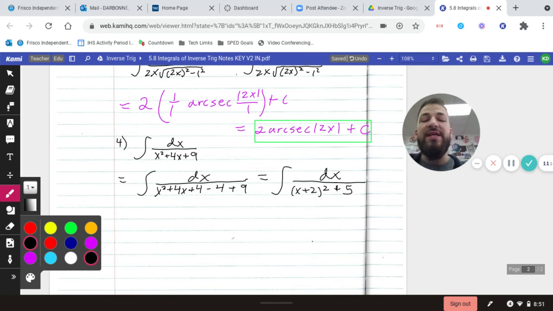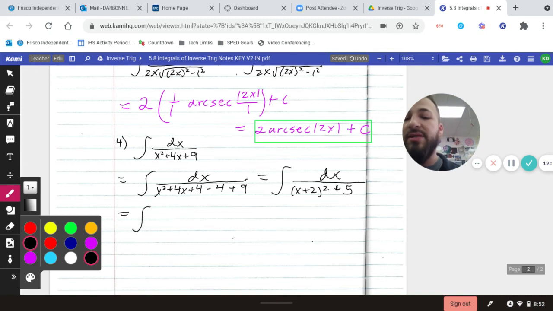Okay, now very last thing, I have my u squared. I would like to have my a squared, so I can also write 5 as the square root of 5 squared. So I just have to change it to a number being squared for me to be able to apply my formula. So that's why I'm taking the squared of the square root, which seems redundant, but it's just so I can apply my formula.